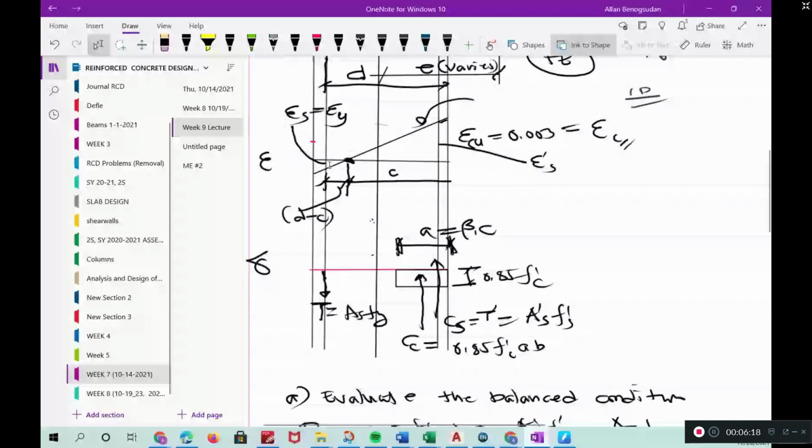When you say E sub Y, E sub S, meaning E sub S yields at the same time as E sub Y. Is that right?